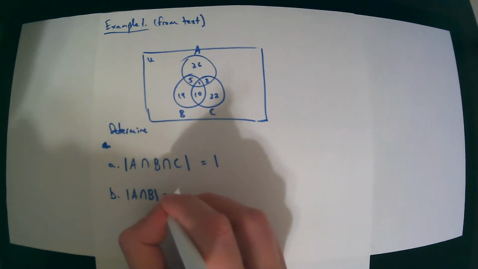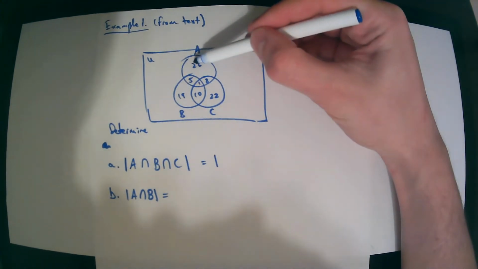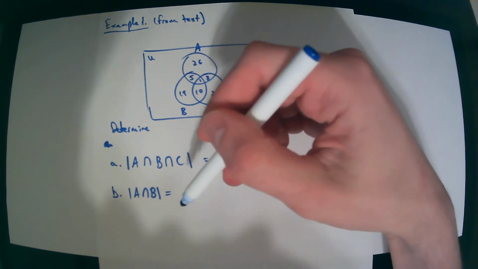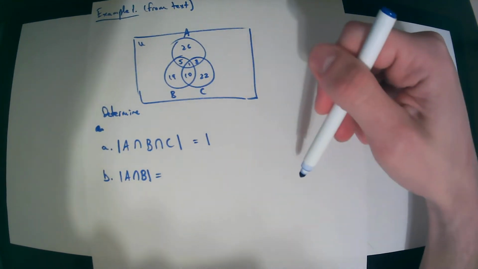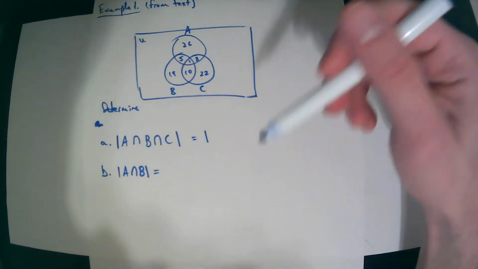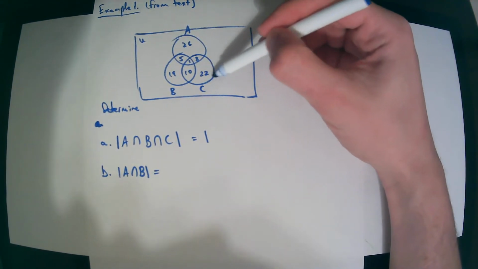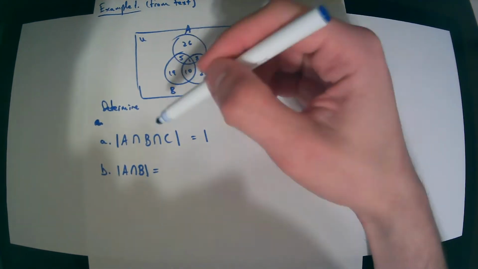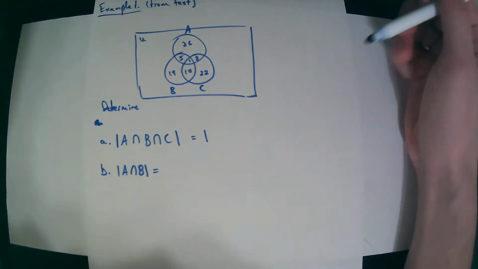So, let's be careful here. We want to add up everything that's in A and everything that's in B. So the only number that's not going to be written here when I write out my sum is that 22, because that 22 does not live in A or B, right? Oh, I'm sorry, that's an intersection, not a union. Sorry about that.